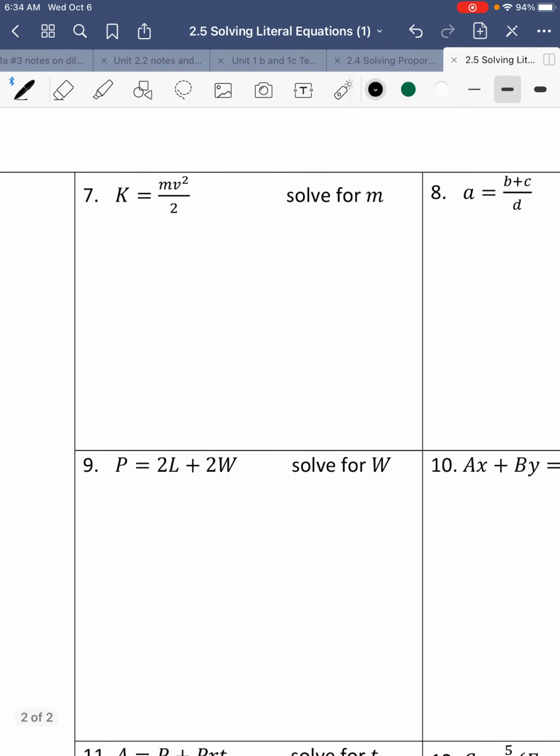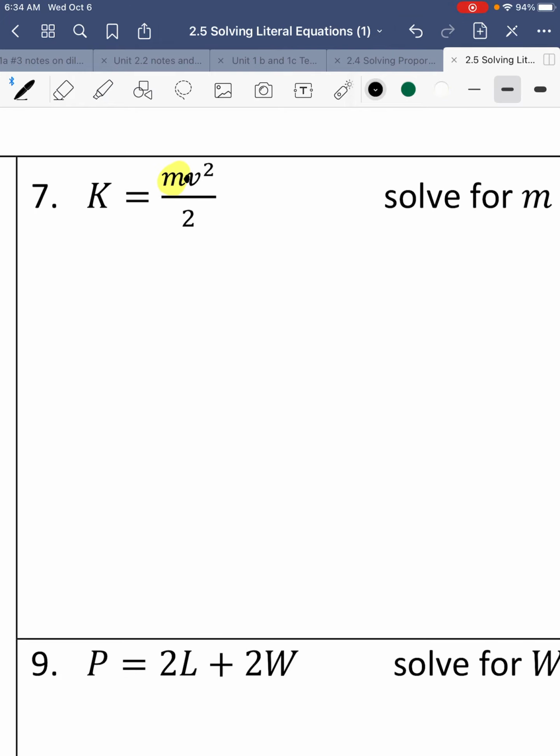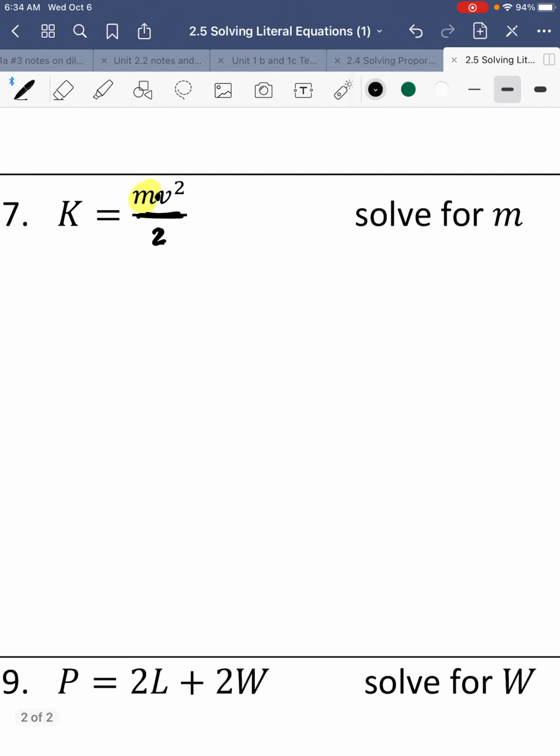All right, on the back, we have M, solving for M. M is here. So let's look at the operations we have for M. We have times V squared, and we have a division, divide by 2. Everything is being divided by 2, so we need to move that first.